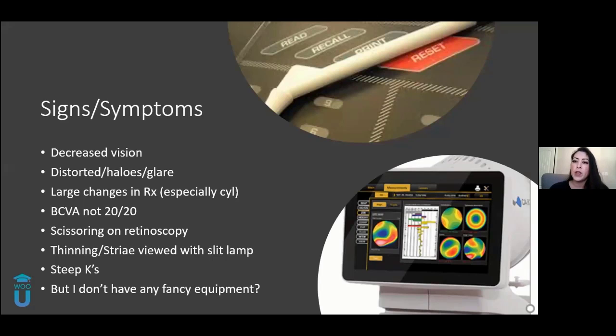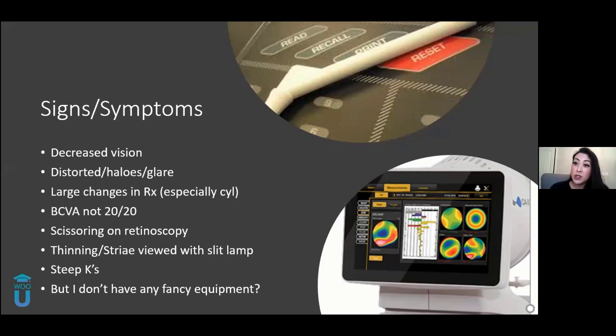It's that gut check feeling, you know, this doesn't feel right, or something feels funny about this patient. So somebody that has decreased vision, if you cannot get that patient to 20/20 and you've got their prescription and you're refracting them and you're like, something's just not right here, that's a gut check that something else might be going on.